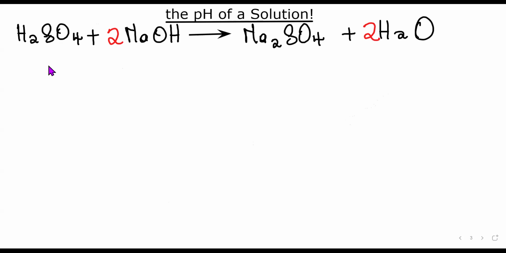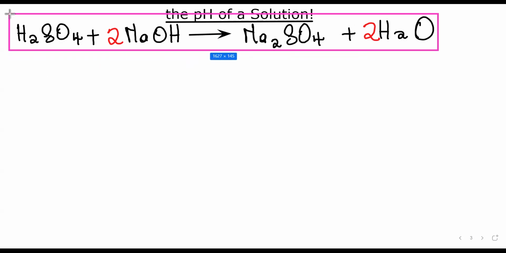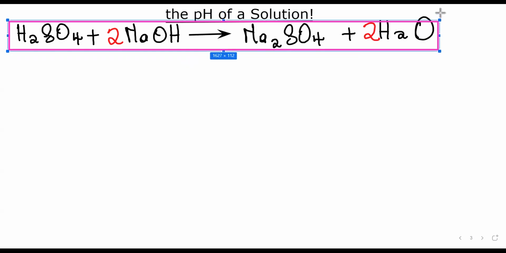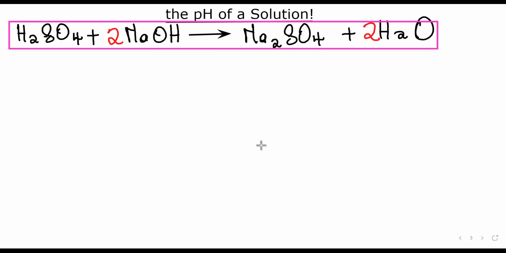Now we can forget about the balanced equation and focus on what? On finding the initial number of moles, all right? Those that we had at the start of the reaction. So we define the concentration of sulfuric acid.